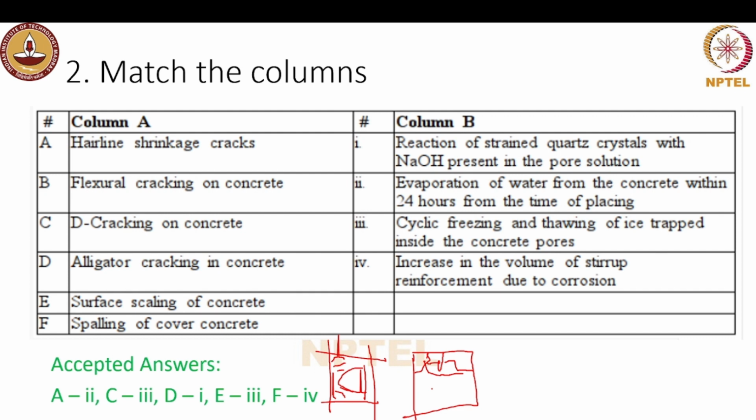It won't be in a specific position. It's in the complete concrete. That's why the shape is like a map kind of shape. Normally, you would have seen. Got it, got it. So it must be like during the initial period of curing, if you are not curing it properly.